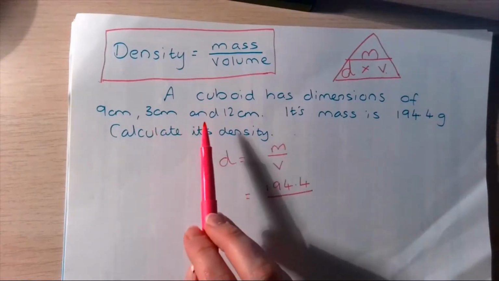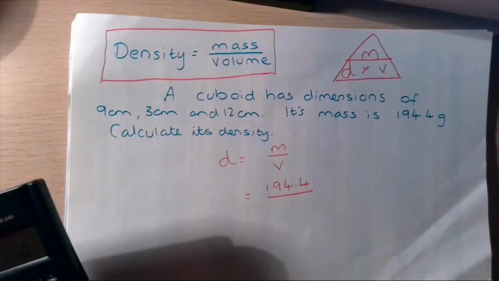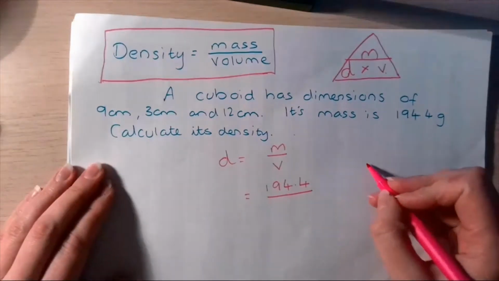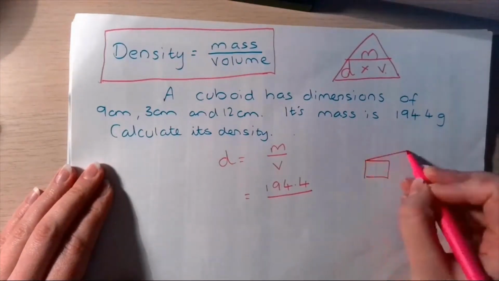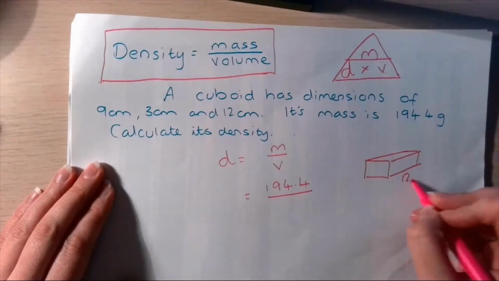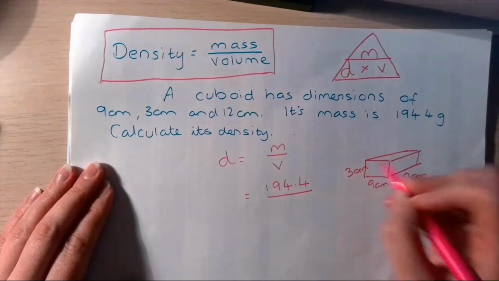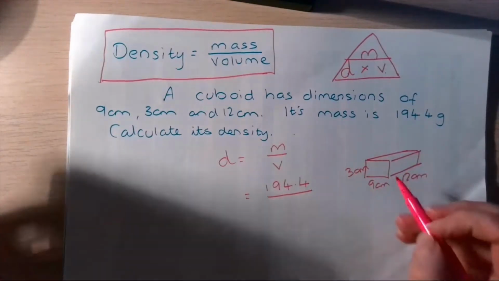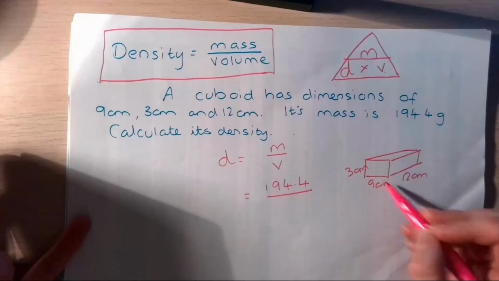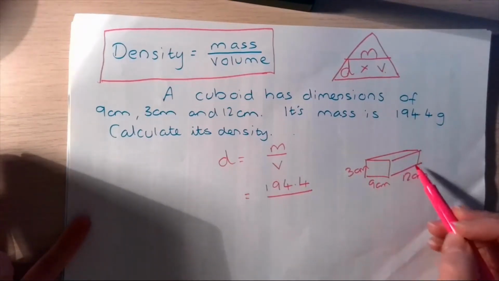Because this is a cuboid, and these are its 3 side lengths, we can just multiply those 3 together to get the volume. If it helps to draw a sketch, please do. I would always recommend doing a sketch in this kind of situation. So we've got 12 centimetres, 9 centimetres and 3, and it is just a sketch. To find the volume, we find the area of the end, the cross section, and then multiply it by the depth.